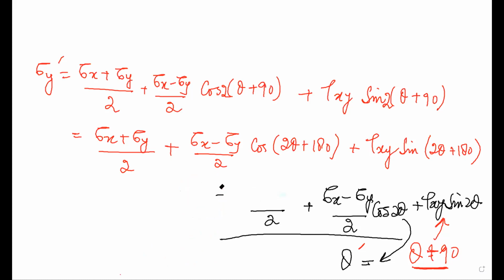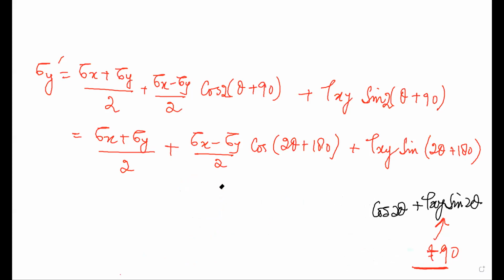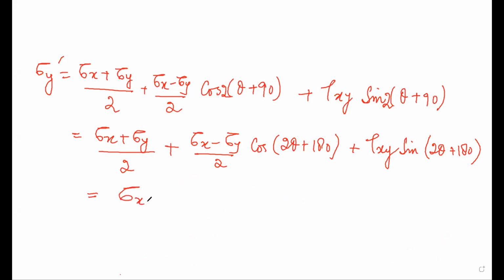Now it's quite easy. This is sigma x plus sigma y divided by 2 plus sigma x minus sigma y divided by 2. Now we have cos of 2 theta plus 180.